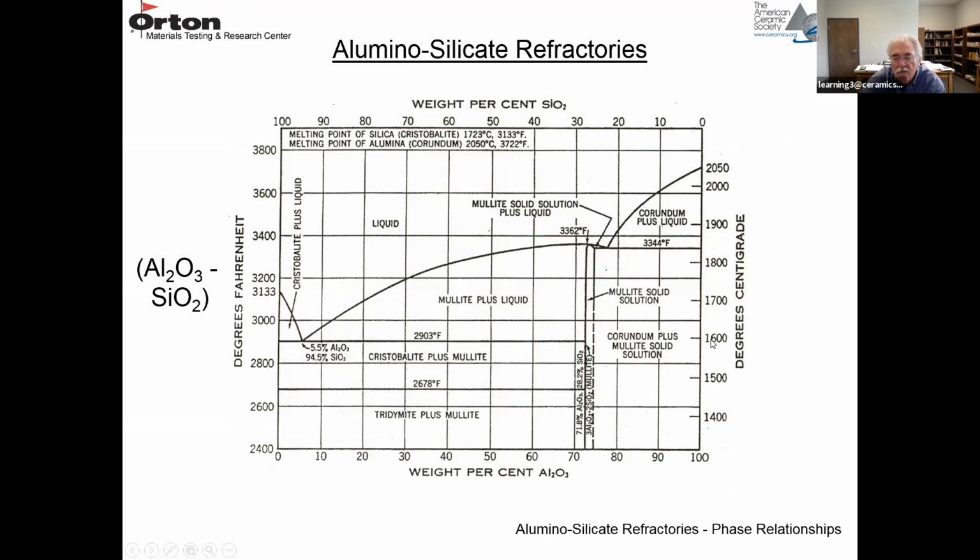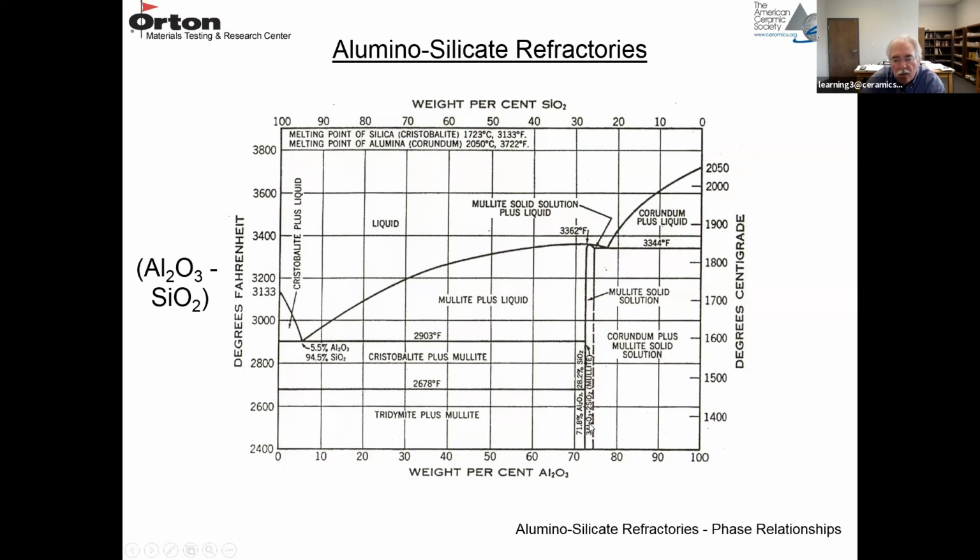That's a little less than 1600 degrees C. But if you're above 71.8% in alumina content, you're up here at 3344 degrees F, or higher than 1800, maybe 1840 degrees C.